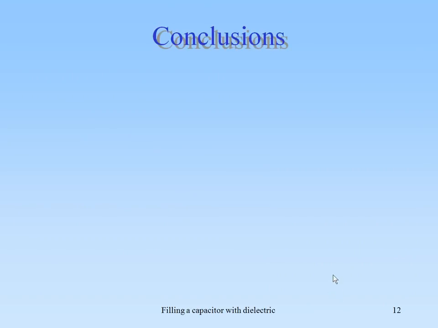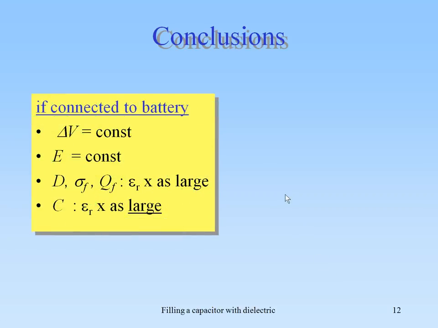Conclusions. If the capacitor is connected to the battery, the delta V potential difference will remain constant, and thus the E, the field strength, will remain constant. This can only be achieved when the charge is larger, and this means that the capacitance will be larger.